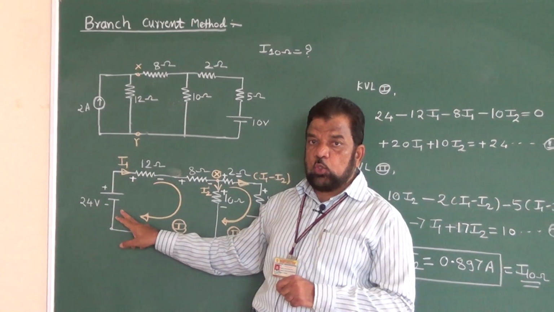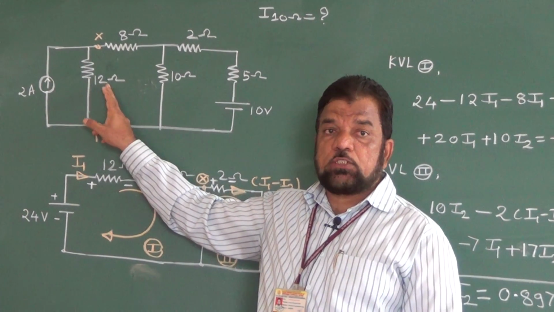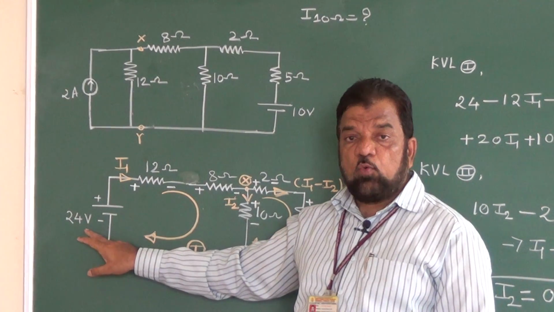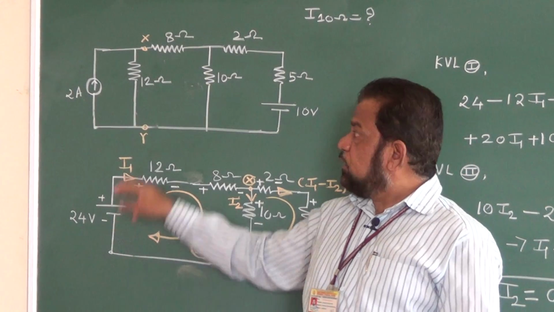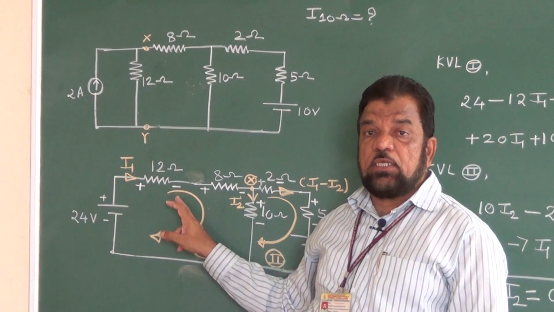Magnitude of the voltage source is current multiplied by resistance which was in parallel. So here 2 into 12, that comes to be 24 volt. And the resistance which was in parallel, now this resistance comes in series.